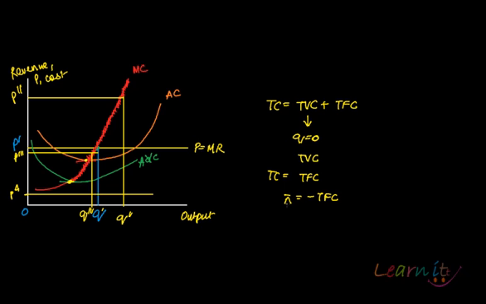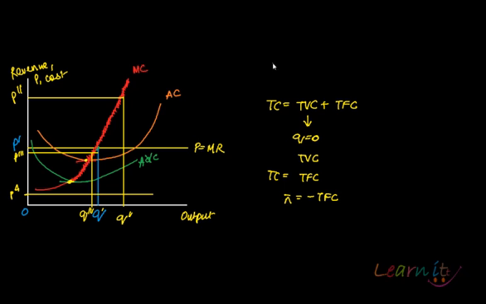So I would incur a loss of just the fixed cost. I have to pay fixed cost. I just can't get away with these fixed costs in the short run. I can't even shut down. So by producing nothing, I can just reduce my loss.